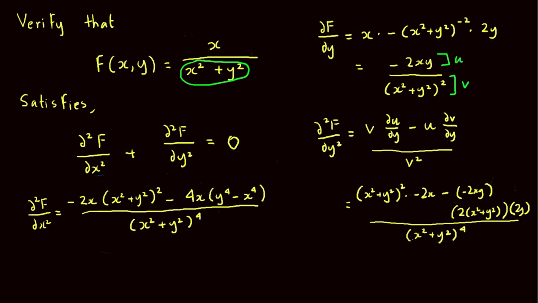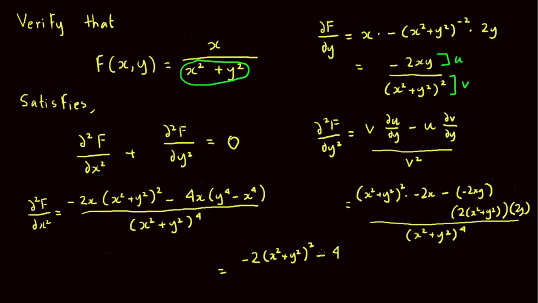As we can see, it's getting very similar to what we saw for the previous del square f del x squared. I'm not having much space, unfortunately, so let me write it here. It becomes negative 2 (x squared plus y squared) to the power of 2, minus 2xy times 4.